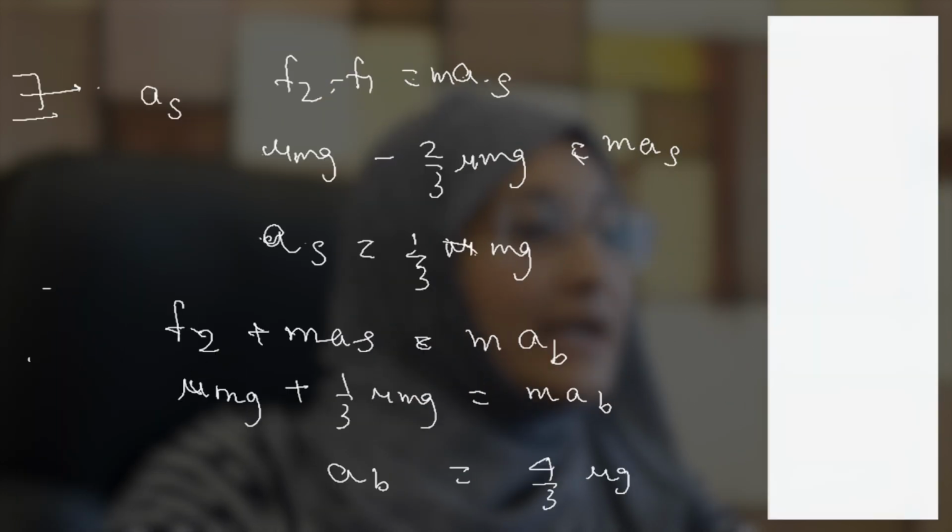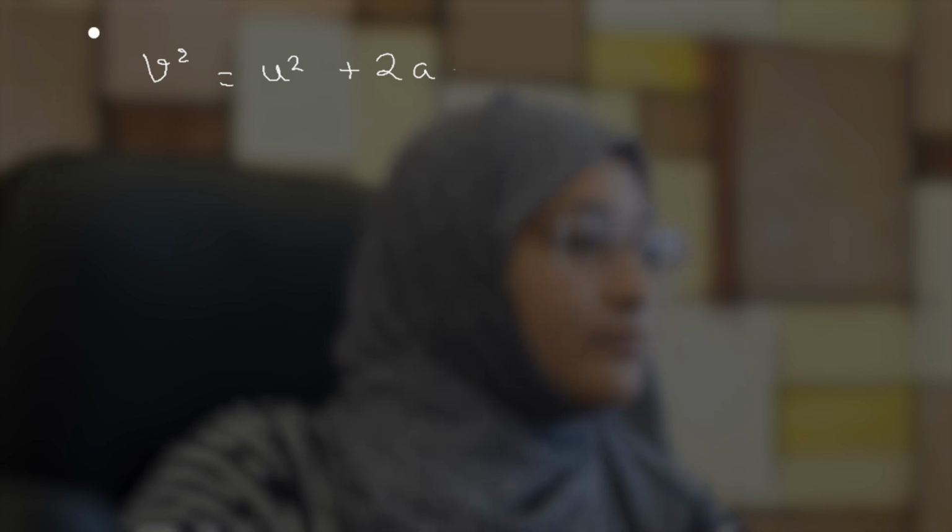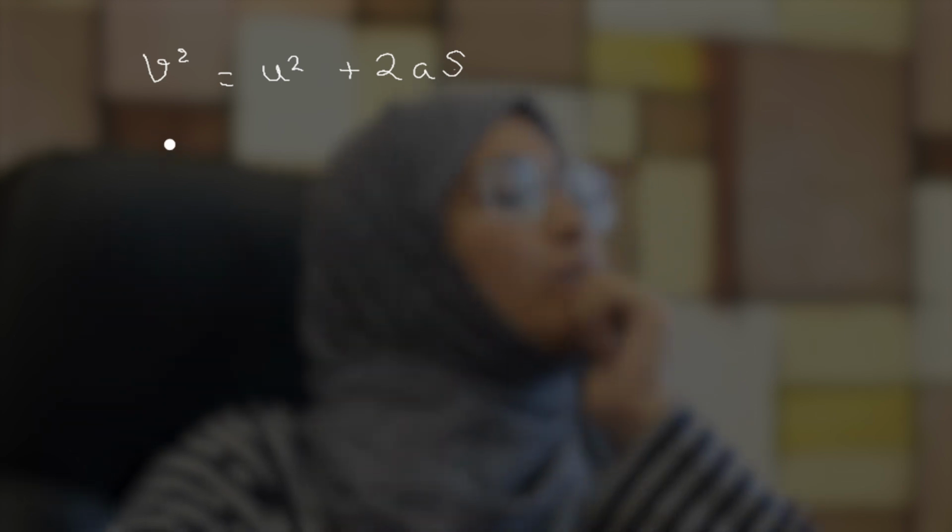So for that, let's apply the kinematic equation. The kinematic equation which we are applying here is final velocity square equals initial velocity square plus 2 into a into S, right, where S is the distance. As the block will come to rest, our final velocity will be 0, and the initial velocity we consider as V0.